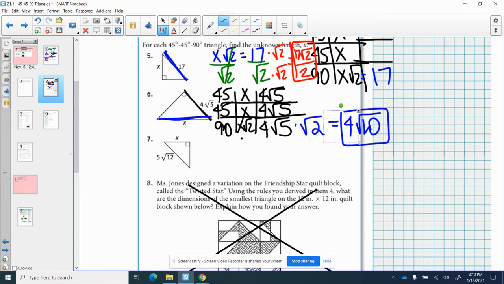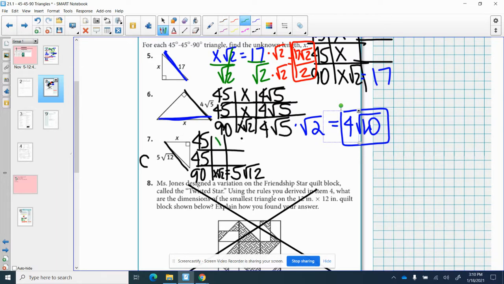Last but not least, we have, again, the hypotenuse given to us on this one. So when we look at our chart, we have the side across from the 90, right? We have x square root 2 equals 5 square root 12.